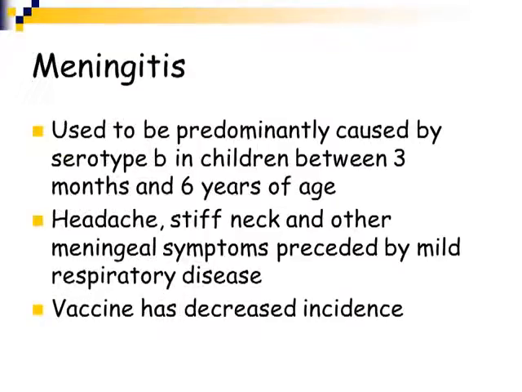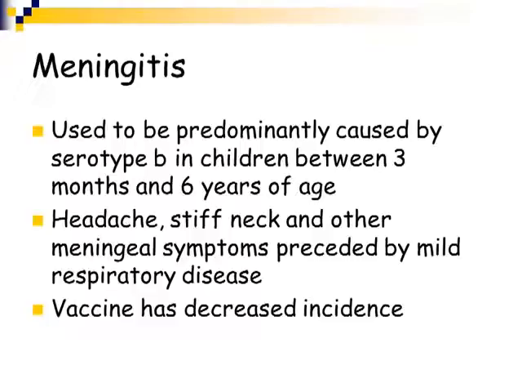Now, meningitis is the most severe type of infection caused by Haemophilus influenzae, and before vaccination, this was a common cause of meningitis in children between the ages of 3 months and 6 years. And again, the most common serotype was serotype B. Like all meningitis, the symptoms include a headache and stiff neck.